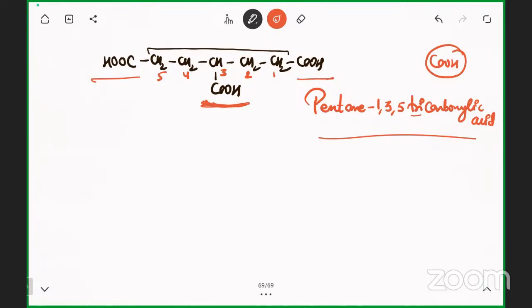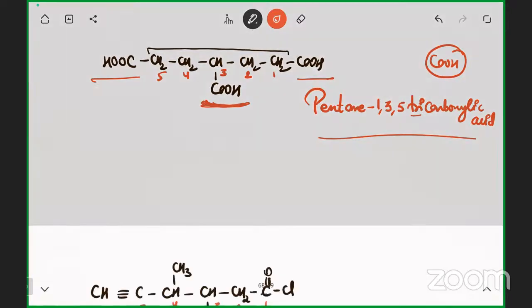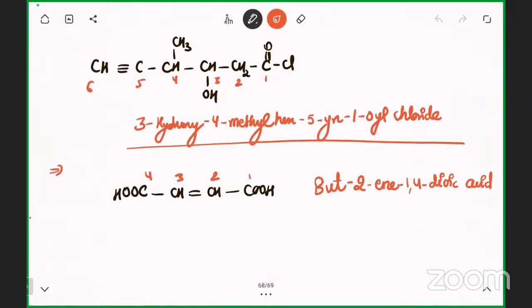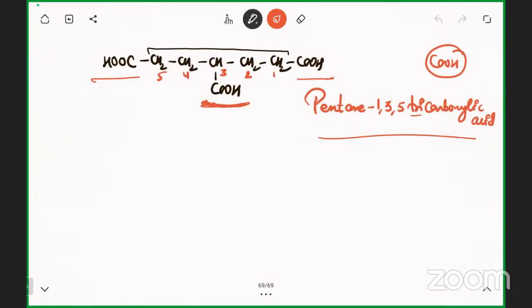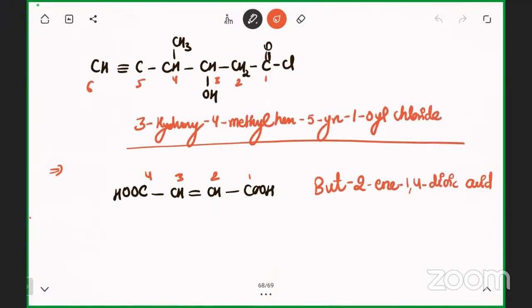Sir, in the previous question we wrote dioic acid, and now we are writing carboxylic. Can't we write oic acid? Trioic acid we can write, but in this first example, I mentioned the carbon also in the main chain, butene 1, 2, 3, 4.